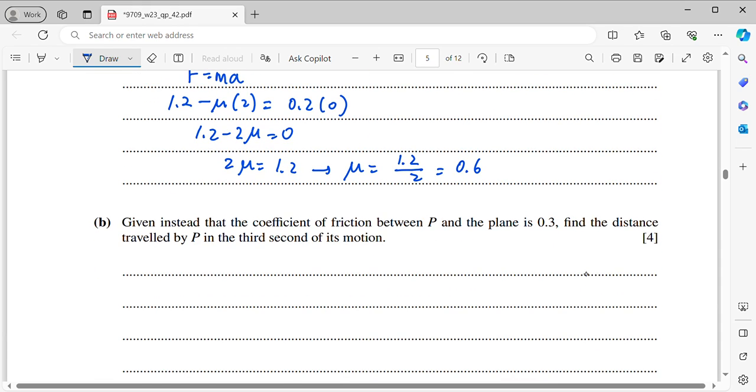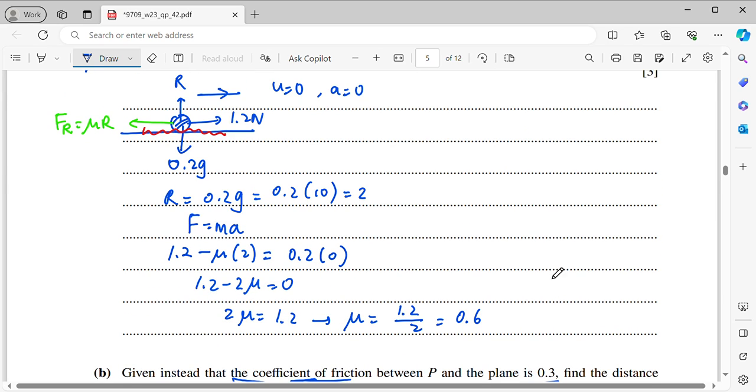Now part B. Given instead the coefficient of friction between P and the plane is 0.3, not 0.6, find the distance traveled by P in the third second of its motion. The keyword here is third second. Now when mu equals 0.3, I will use F equals ma.